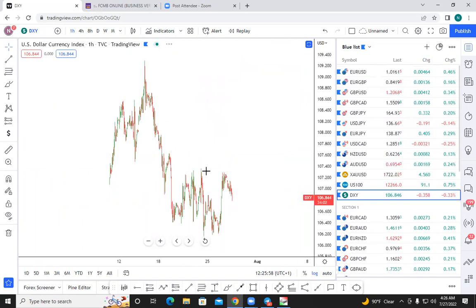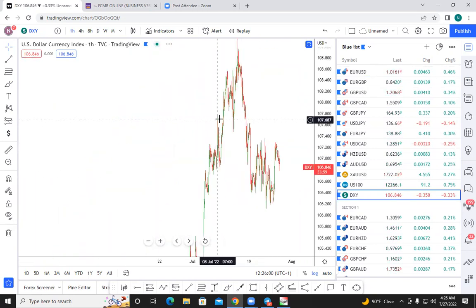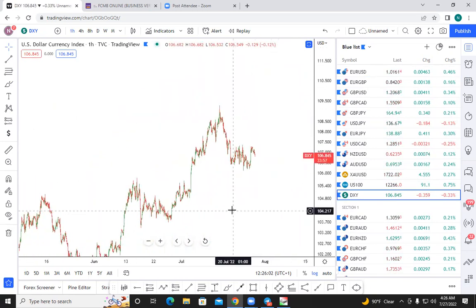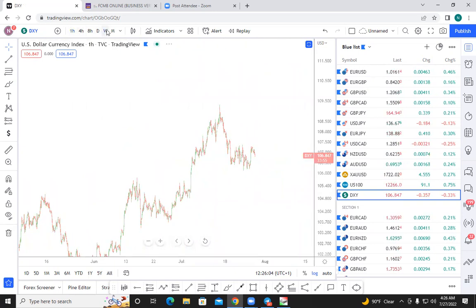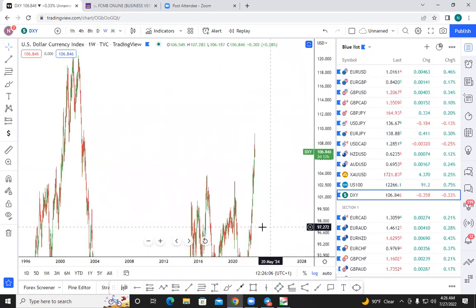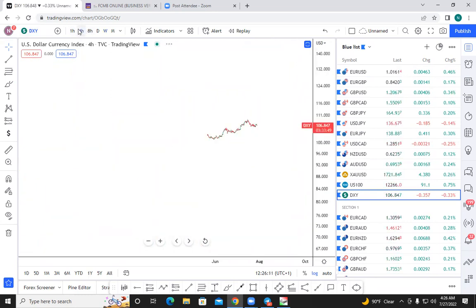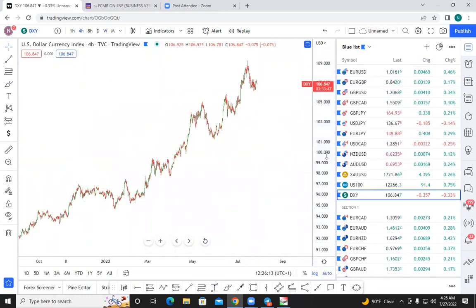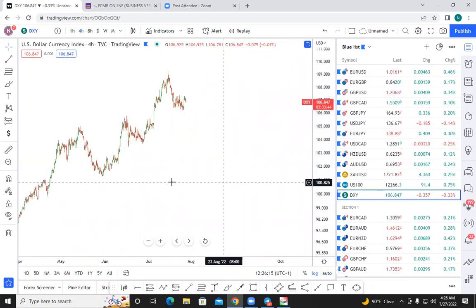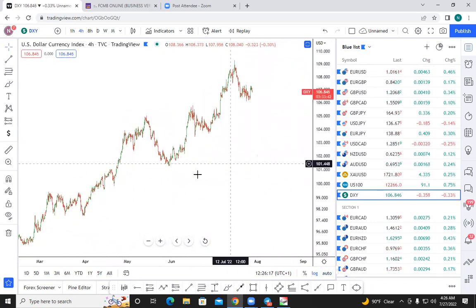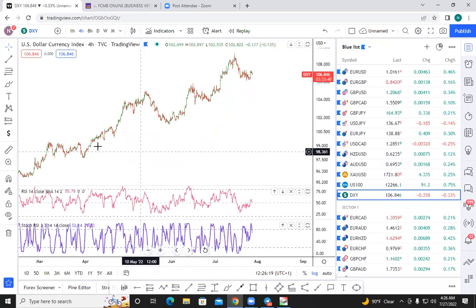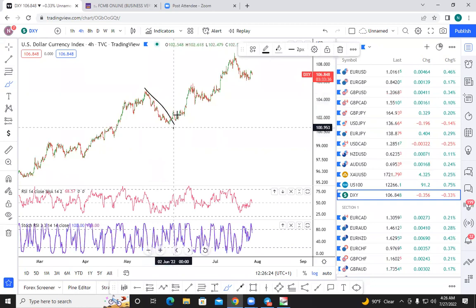So first and foremost, let's look at DXY. In looking at DXY, of course, I've showed it several times that in the weekly time frame it is bullish, but in the smaller time frame it is due for some corrections. Clearly, if you look at this move right here, you have a push, you have a correction, you have a push.